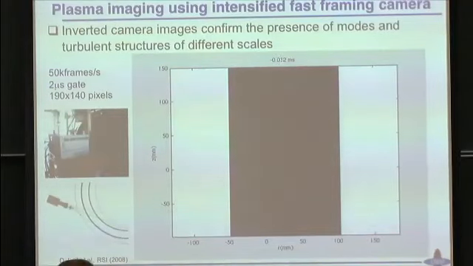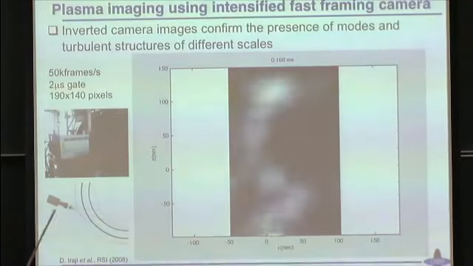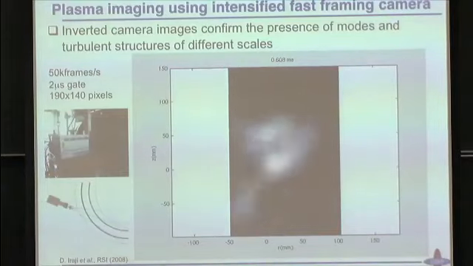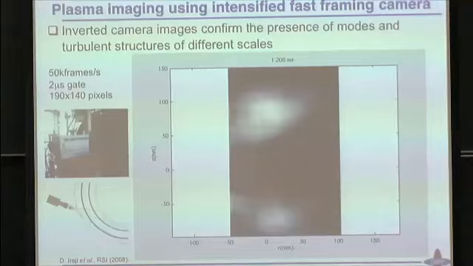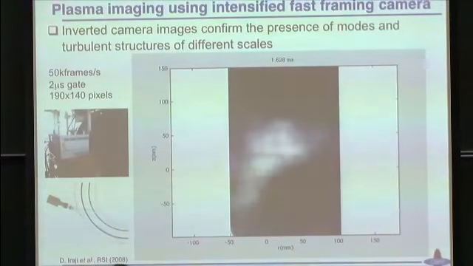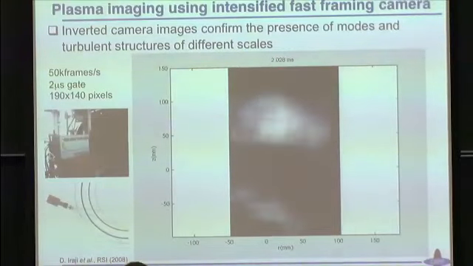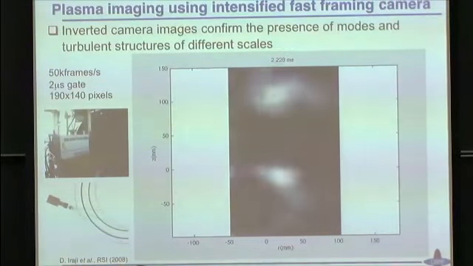This is really work in progress. This is a movie, which is an inversion of the camera images taken toroidally. And you can see, just by looking at the movie, that you have turbulence structures of different sizes. So this is a very good starting point. This is 50 kiloframes per second, but 190 times 140 pixels, so it's a hell of a lot of points.